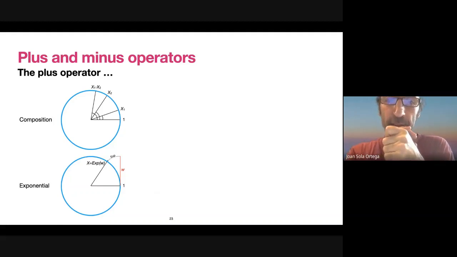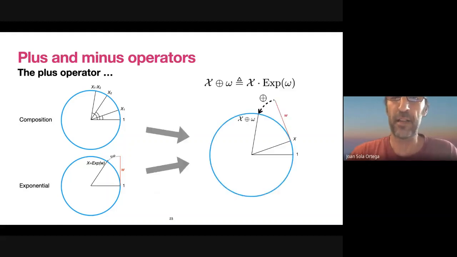The new operators that we can define here, and that will bring us to the calculus part, are the plus and minus operators. So the plus operator: if you have composition, which is usually a product, and the exponential, you can combine these two things together. To do what? To say, okay, I have an element x, and I have a velocity, an element tangent to this, and I want to know what the new element is.